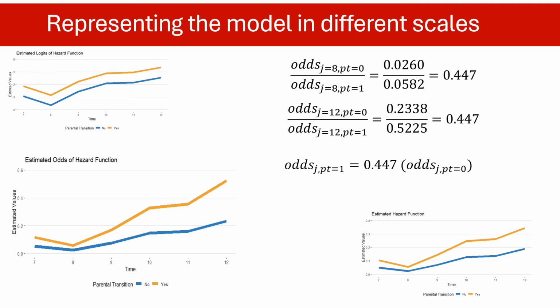Here I also report the hazard estimates calculated by transforming the logit estimates. These are represented in the panel in the bottom right of the slide. So these are the fitted or the estimated hazard functions for the two groups.